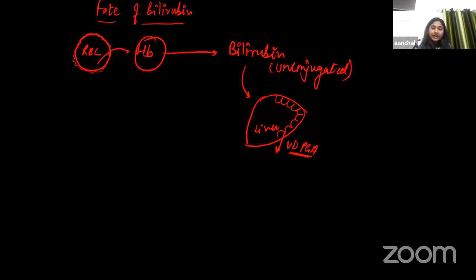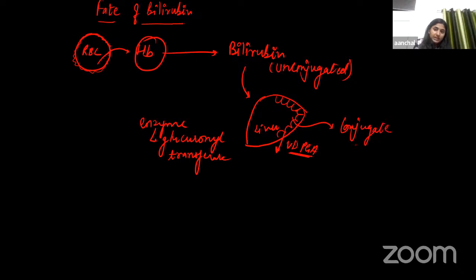So in a reaction catalyzed by an enzyme, and the name of the enzyme is glucuronide transferase. This is the name of the enzyme, right? So in a reaction catalyzed by glucuronide transferase to form the bilirubin mono and diglucuronides, right? Now, after entering into the liver, this unconjugated bilirubin gets converted into conjugated bilirubin.